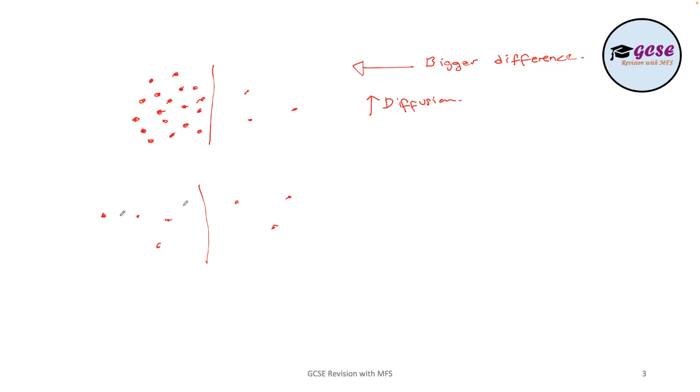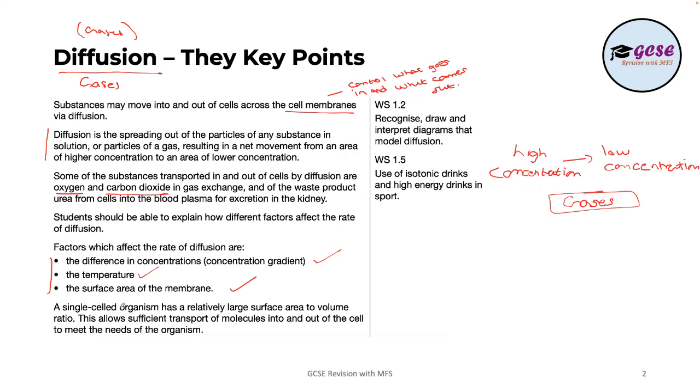Because this one has a lower change in concentration, that means diffusion will happen at a lower rate. Okay, so these are the different factors which affect the rate of diffusion.